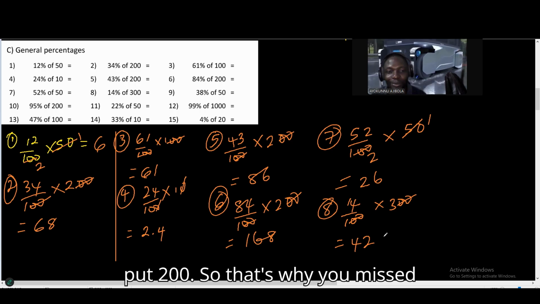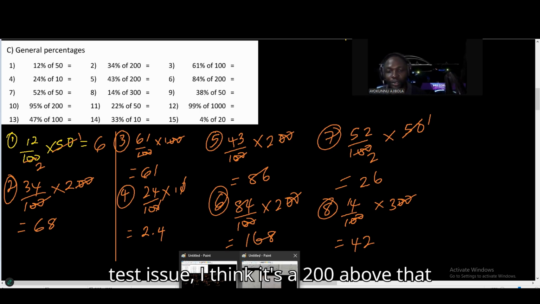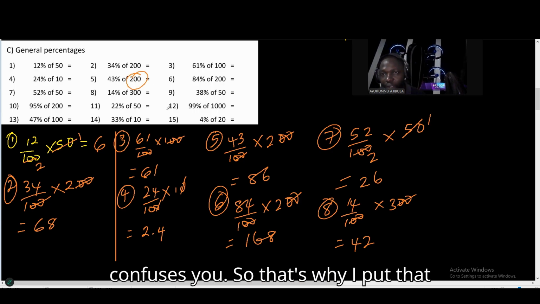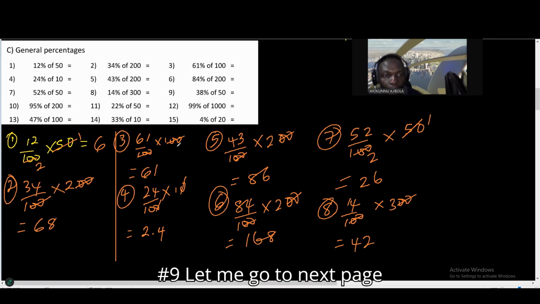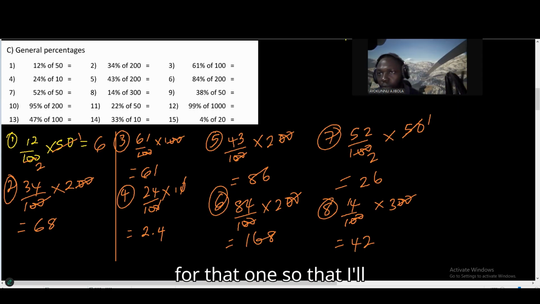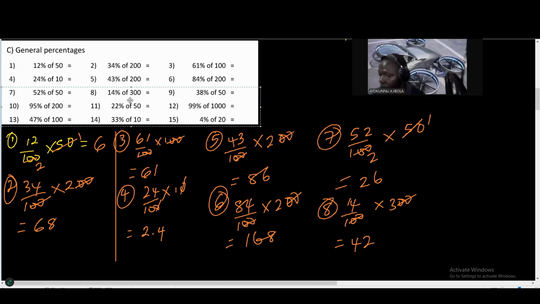So that's why you missed that, okay? I think it's the 200 above that confused you. So, all right, then number 9. Let me go to the next page for that one.